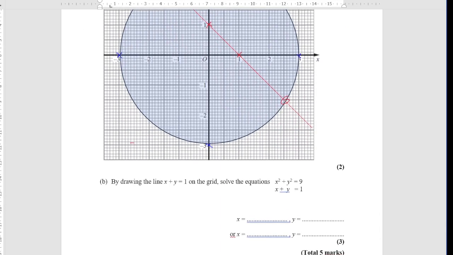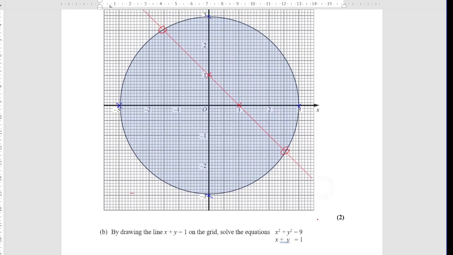So we're looking at x being equal to, it looks like, 2.6, and y is equal to minus 1.5. Slightly over actually. That will do fine though.